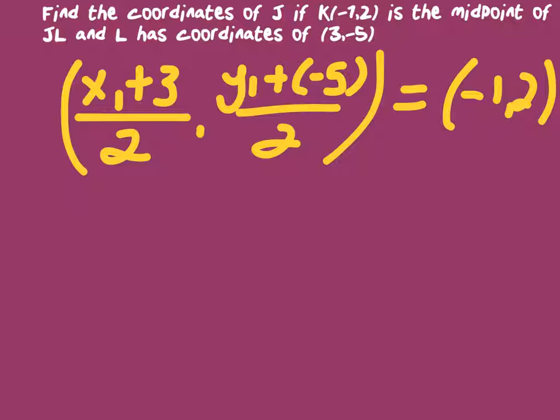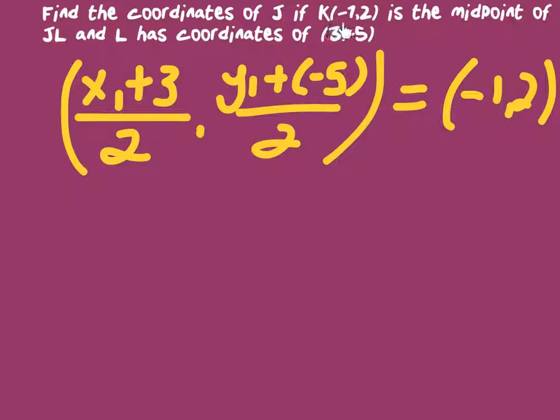For this one, this is example number 5. Read the instructions carefully. It says find the coordinates of J if K, being at negative 1, 2, is the midpoint of JL, and L has the coordinates of 3, negative 5. So the difference in here, if you didn't catch it, is that we are already given the midpoint.